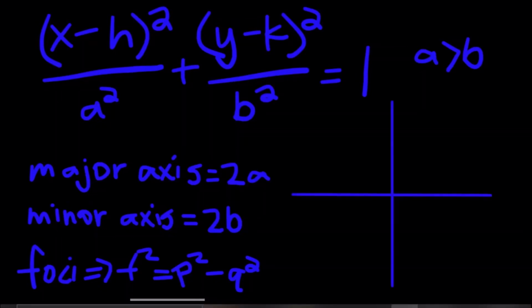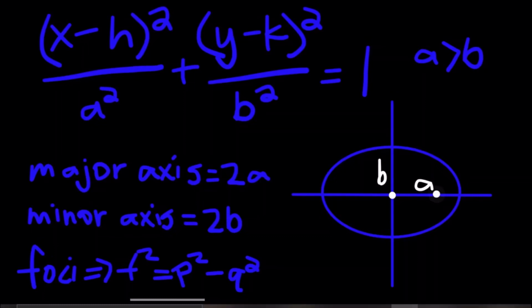This here is the parent graph of an ellipse. A is located on the x-axis and b is located on the y-axis, and the center is at the origin. The foci will be plotted on both sides of the major axis equidistant from the center.